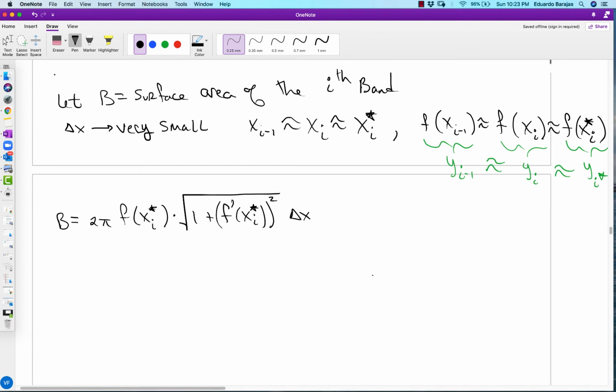Of course, this is an approximation. I shouldn't have said it equals that. That surface area is approximated by these.